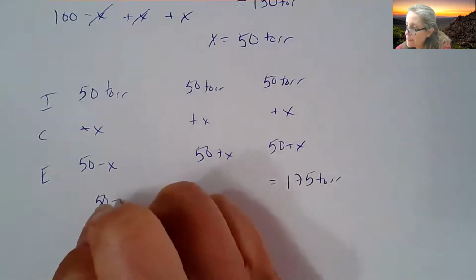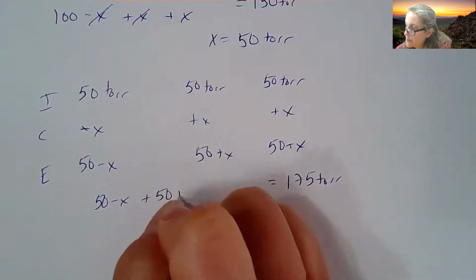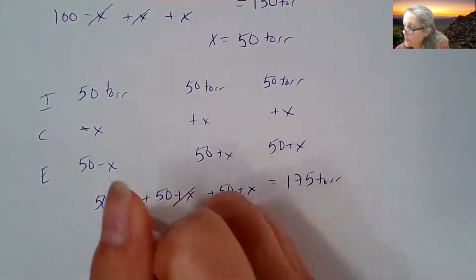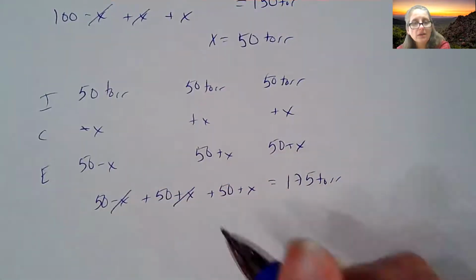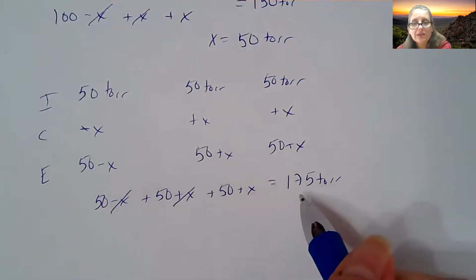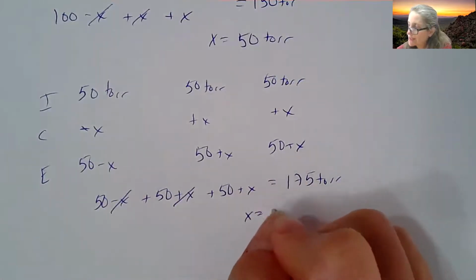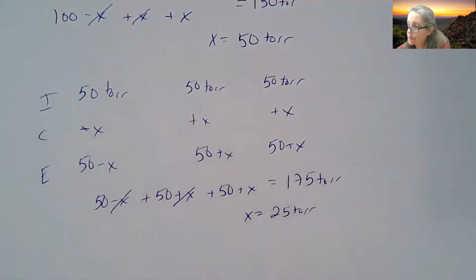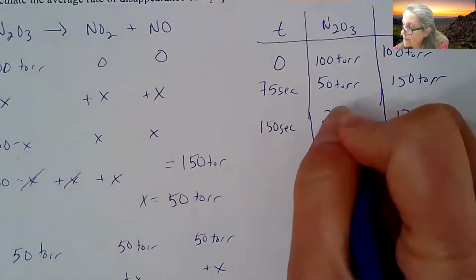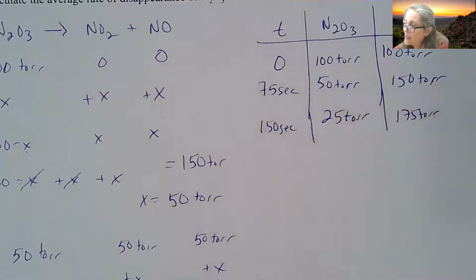So that's 50 minus x plus 50 plus x plus 50 plus x. So two of the x's are canceled out. So I have 150 on this side plus x is equal to 175. So x must equal 25 torrs. So 50 minus 25 torrs gives me 25 torrs is going to be my N2O3.